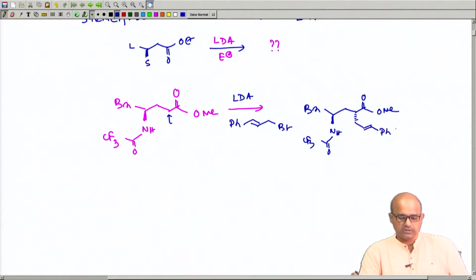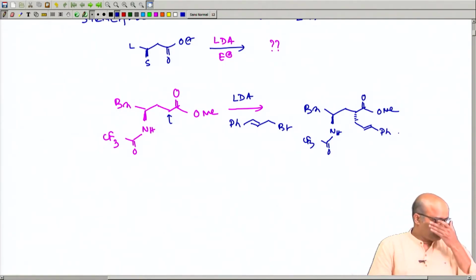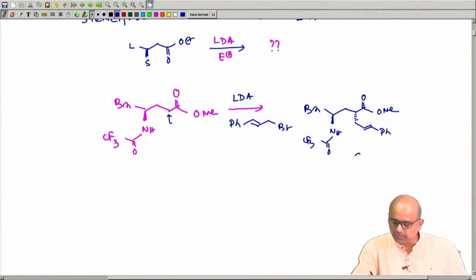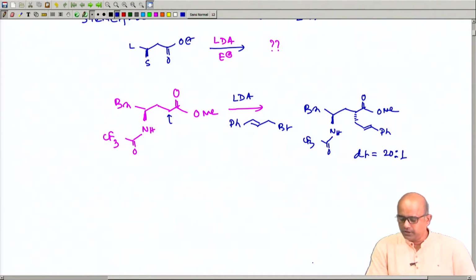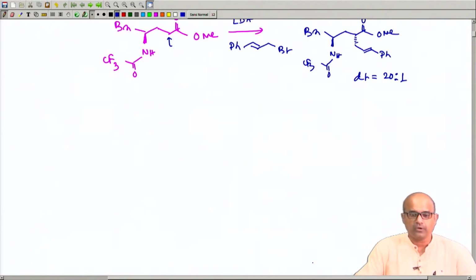So, yeah, this is the compound you will get. The diastereomeric ratio which was usually obtained is 20:1 for the major compound. Such a good stereo control can be explained only through acyclic stereo control.